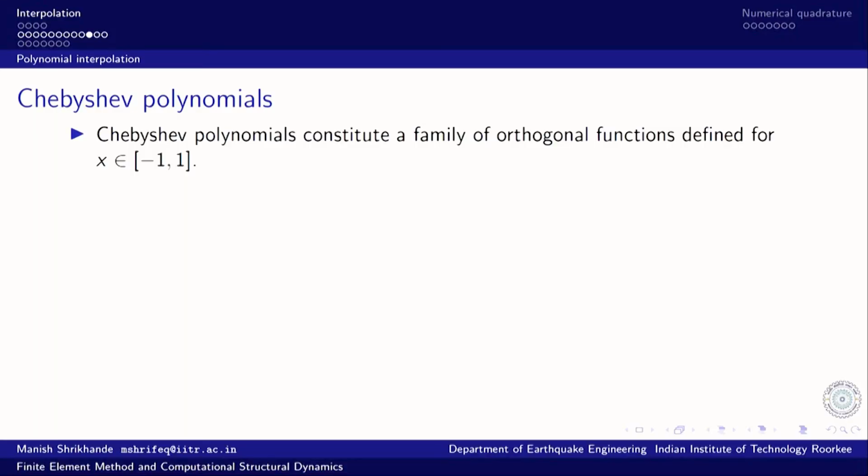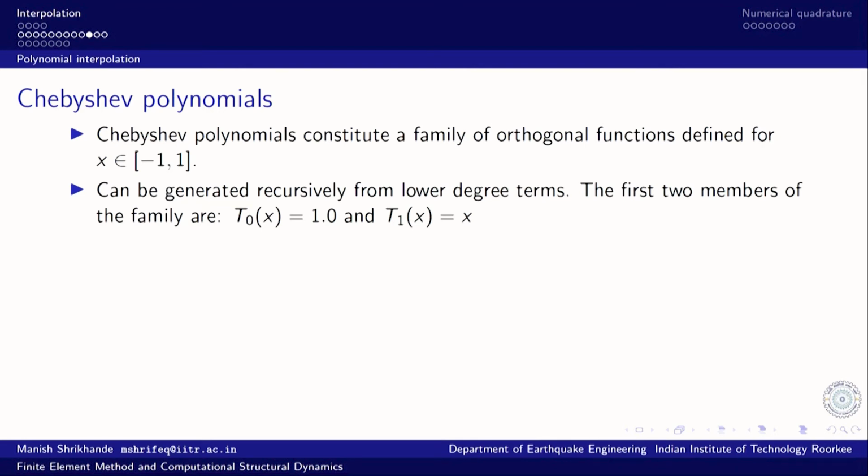So, what are Chebyshev polynomials? Chebyshev polynomials are a family of orthogonal functions defined for x between -1 and +1, a bounded range. These functions can be scaled, and the roots can be accordingly scaled outside the range, and they can be generated recursively from the lower degree terms. The first two members of the family are simply 1 and x: T 0 the constant term 1 and T 1 a simple x term.